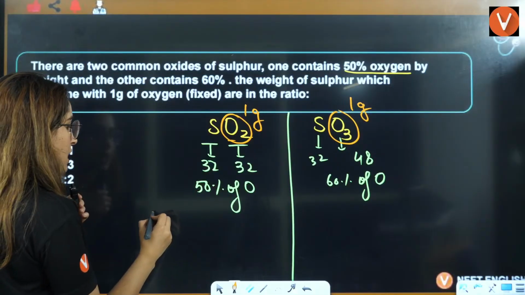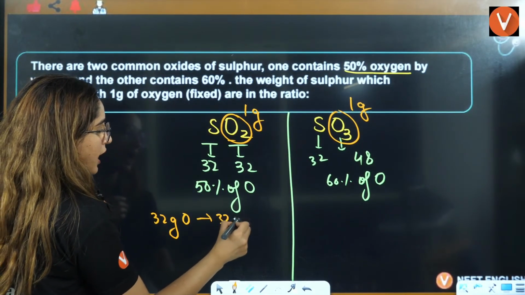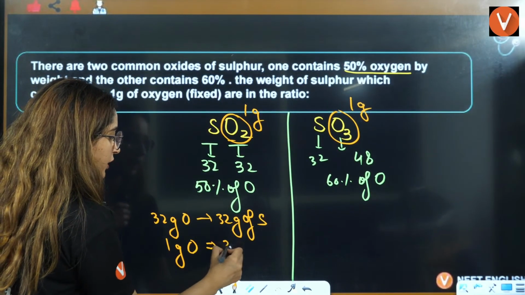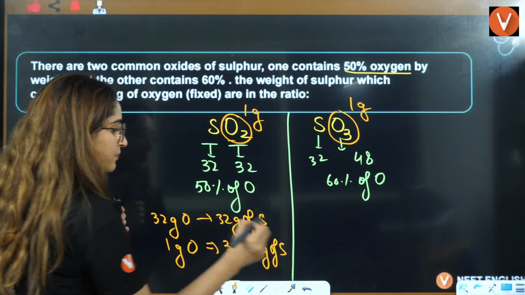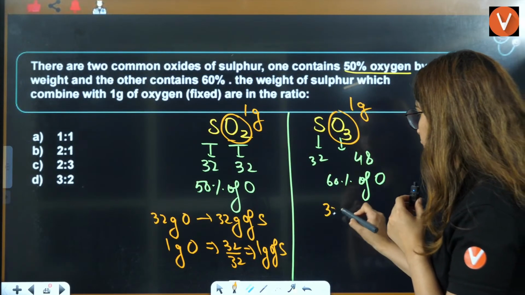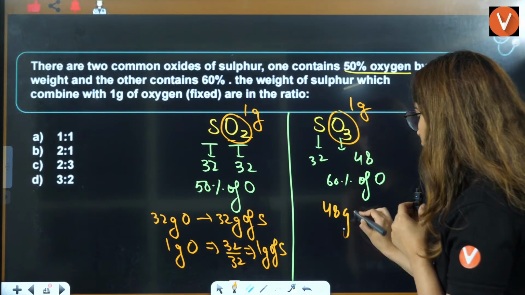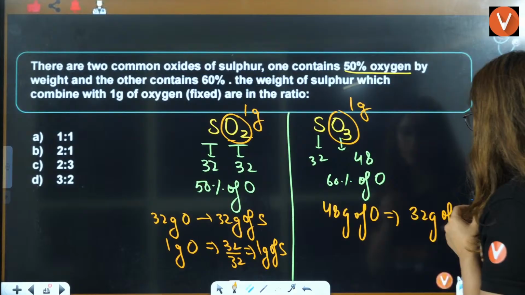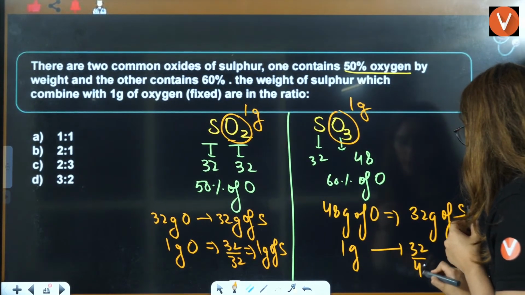So simple thing is 32 gram of oxygen gives 32 gram of sulfur. 1 gram of oxygen will give 32 by 32, that is 1 gram of sulfur. Here it is 48 gram of oxygen gives 32 gram of sulfur. 1 gram will give you 32 by 48.